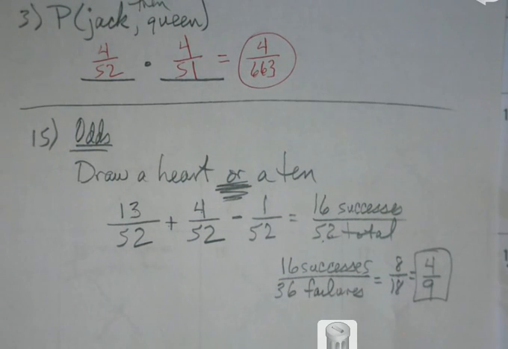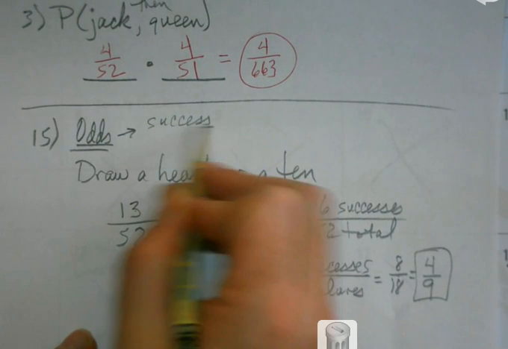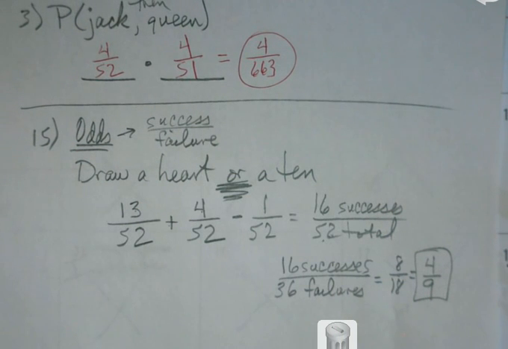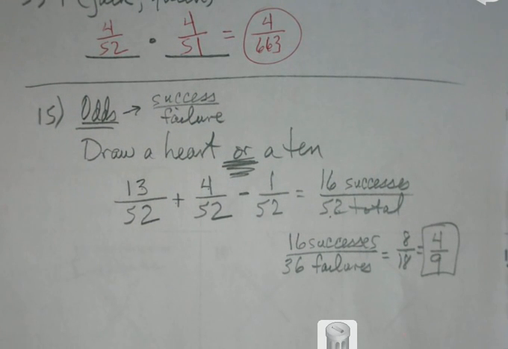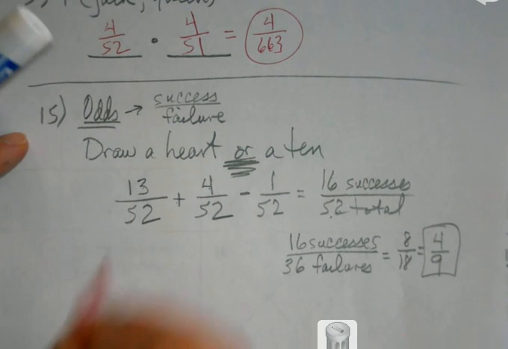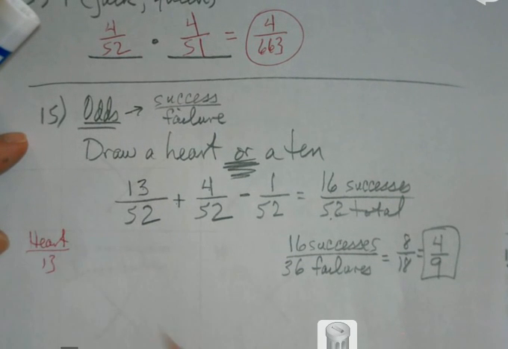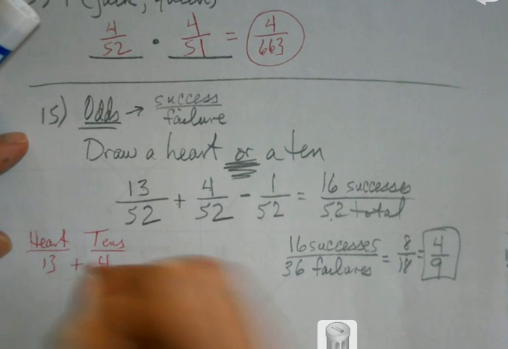When, for instance, you're doing this one, because remember, odds is success or failure. So one way I could have looked at this, if I wanted to look at it a little bit differently, because maybe looking at the fraction makes me think it's probability instead, I could say, okay, hearts, there's 13. 10s, there's 4 of them.